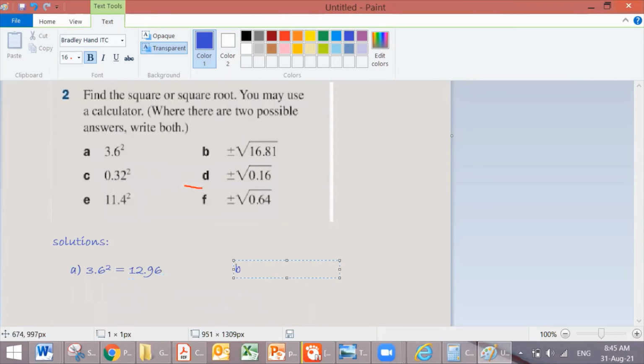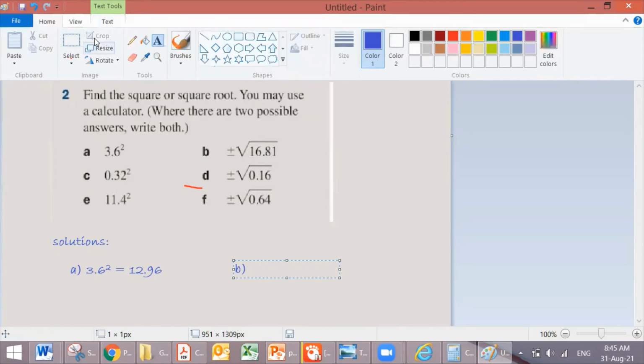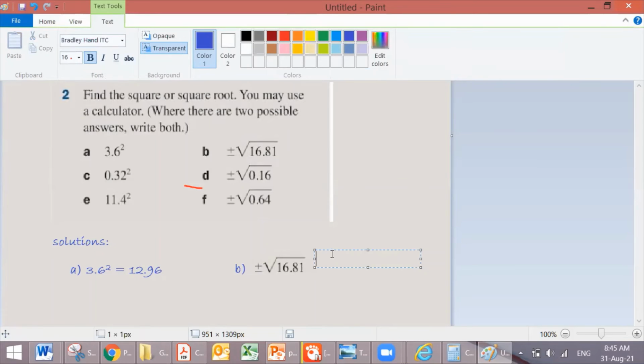Okay, B part is plus minus the square root of 16.81, and I will have to find its answer by using the calculator.